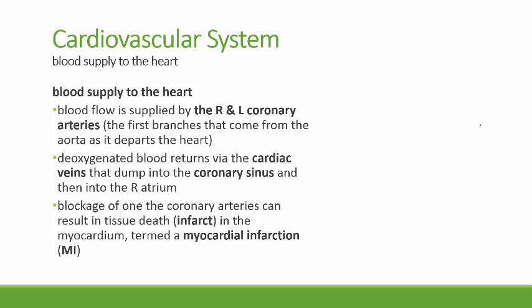And then blood returns through the cardiac veins, and it all gets pushed into the coronary sinus on the posterior surface of the heart. And then from there it's dumped directly into the right atrium.